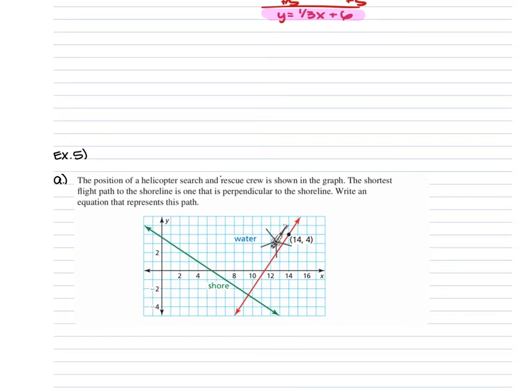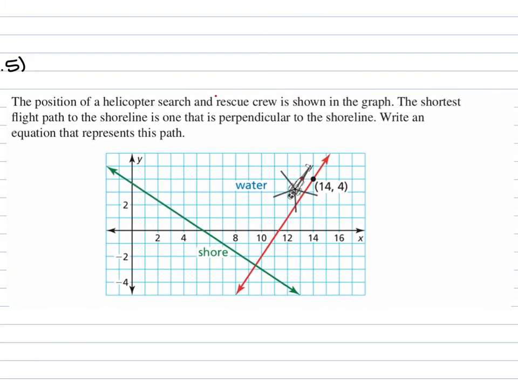Example 5a tells us that the position of a helicopter search and rescue crew is shown on the graph. The shortest flight path to the shoreline is one that is perpendicular to the shoreline. Write an equation that represents this path. So we're writing an equation for that red line. We can first find the slope of that red line.